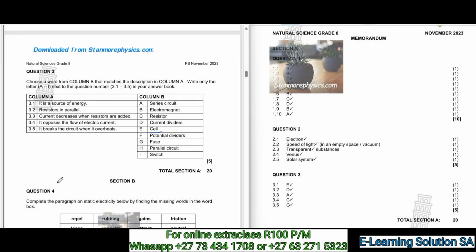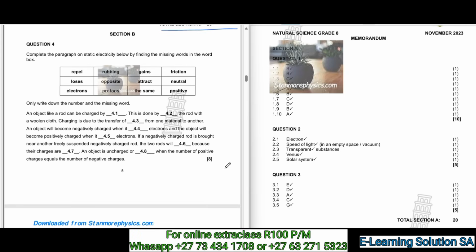Resistors in parallel divide current. 3.3, current decreases when resistors are added, that one is A, which is series circuit. 3.4, it opposes the flow of electric current, that one is C, which is the resistor. 3.5, it breaks the circuit when it overheats, that one is G, which is the fuse. So 5 marks, and the total for section A is 20. You must be well prepared so that you'll be able to get those 20 marks.